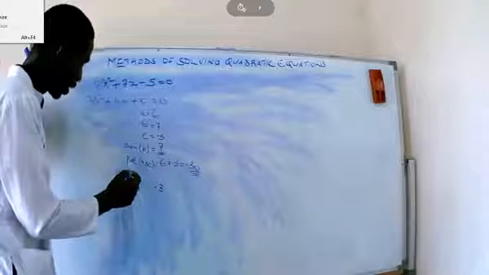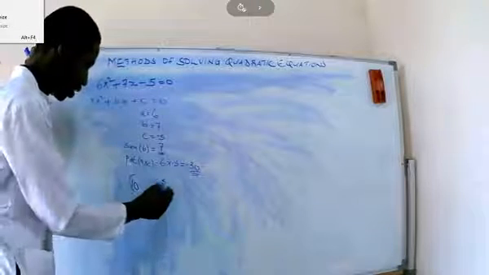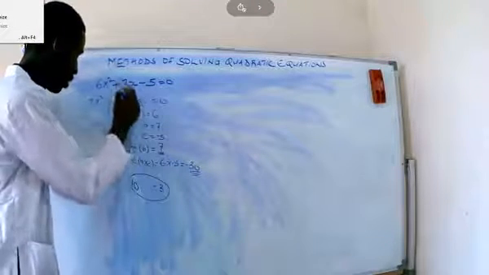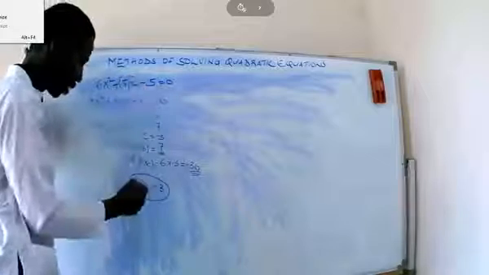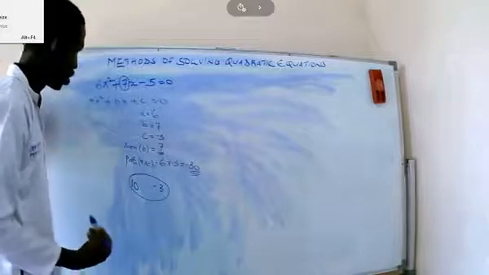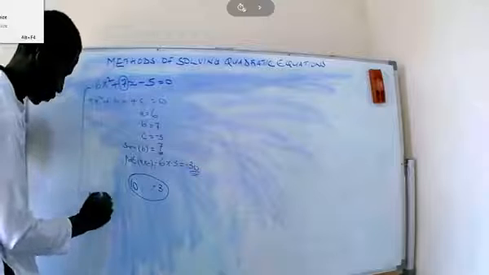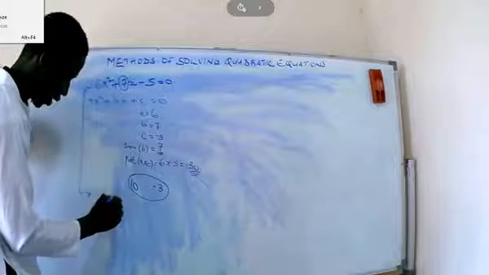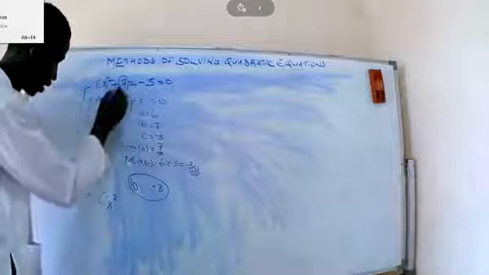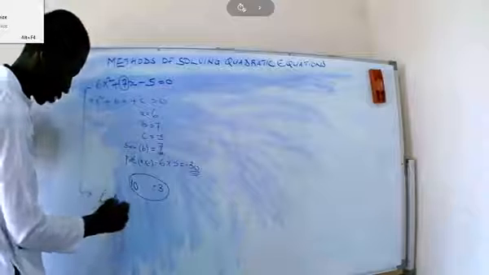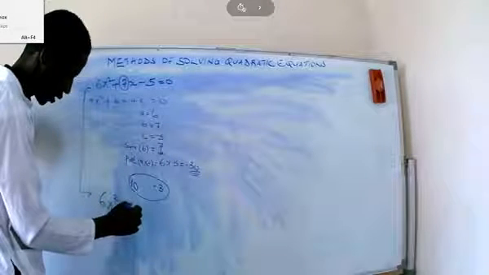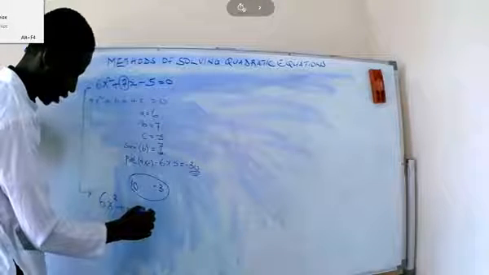So when you get that, you replace this 7 with the 10 and negative 3. The equation now becomes 6x squared, then instead of writing 7x, I'll write positive 10x and negative 3x.